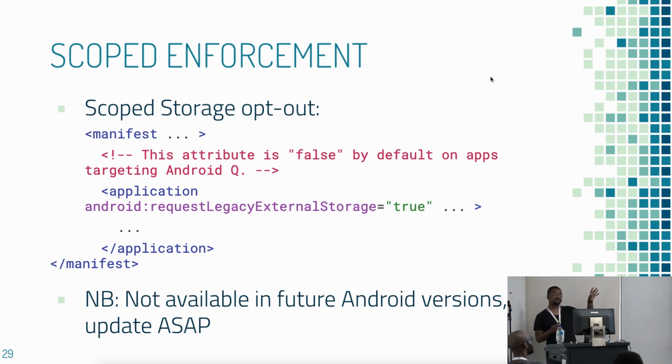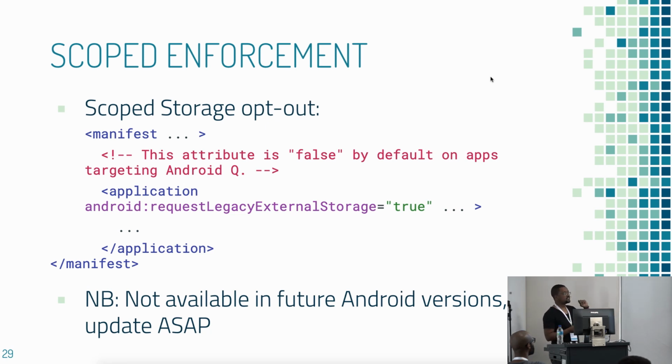There's a petition, I think on change.org, requesting that Google rolls back. And so Google introduced this thing called request legacy external storage, which is a flag you can add to say that you want to use the legacy way of accessing external storage.